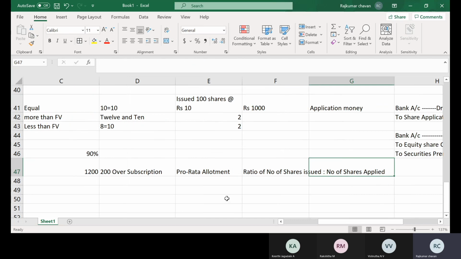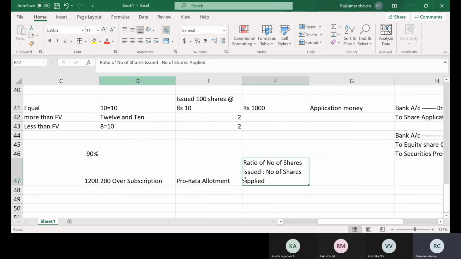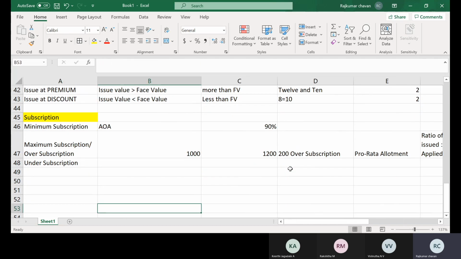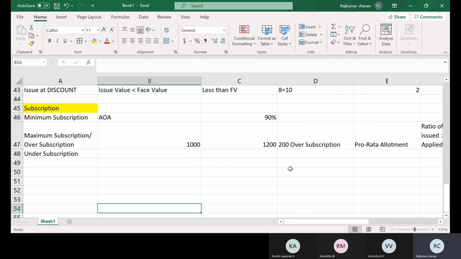Based on that, they decide how many shares each shareholder gets. Say Zomato is coming for an IPO and you apply for 10 shares. If it is oversubscribed, you may not get 10 shares.